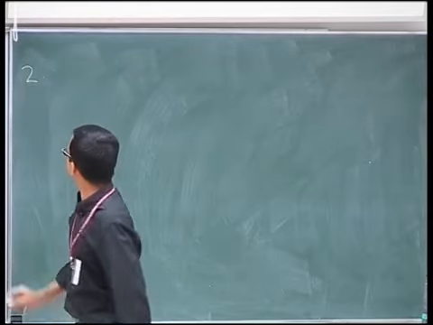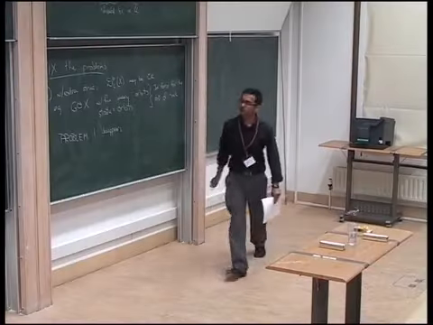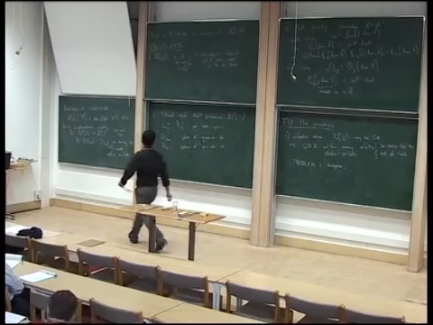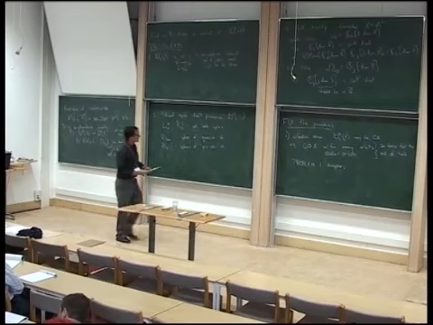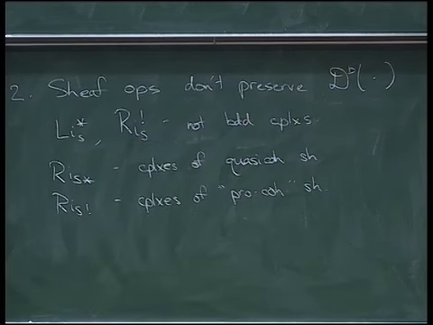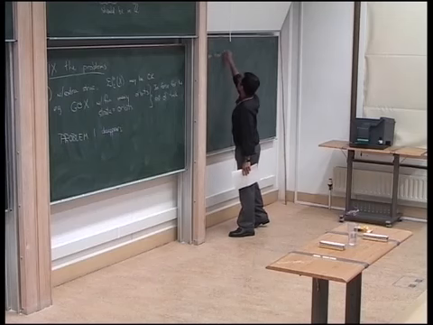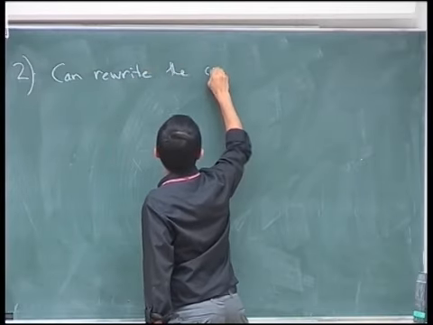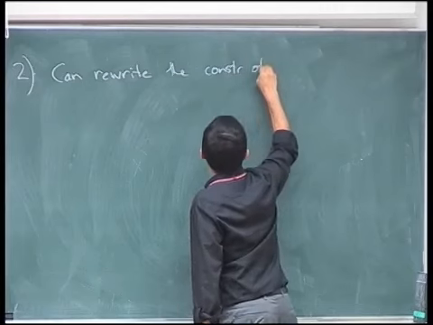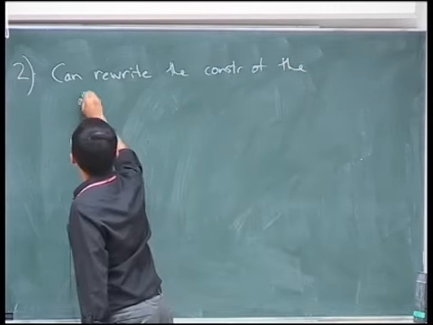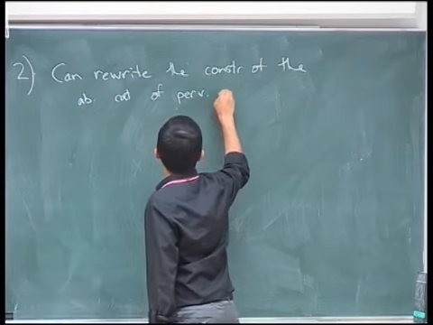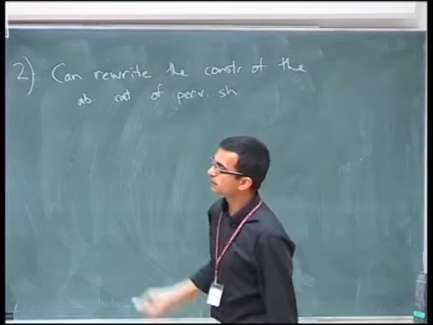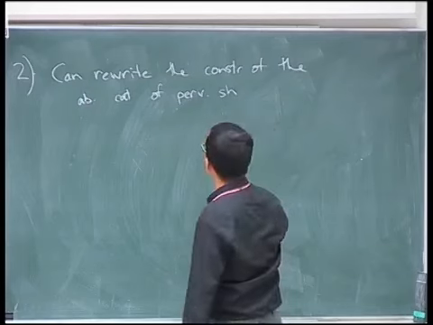So what about problem 2? Problem 2 had to do with these sheaf operations. You can get around some of the problems in the following way. You can rewrite the construction of the abelian category of perverse sheaves to use only the pull-back functors.